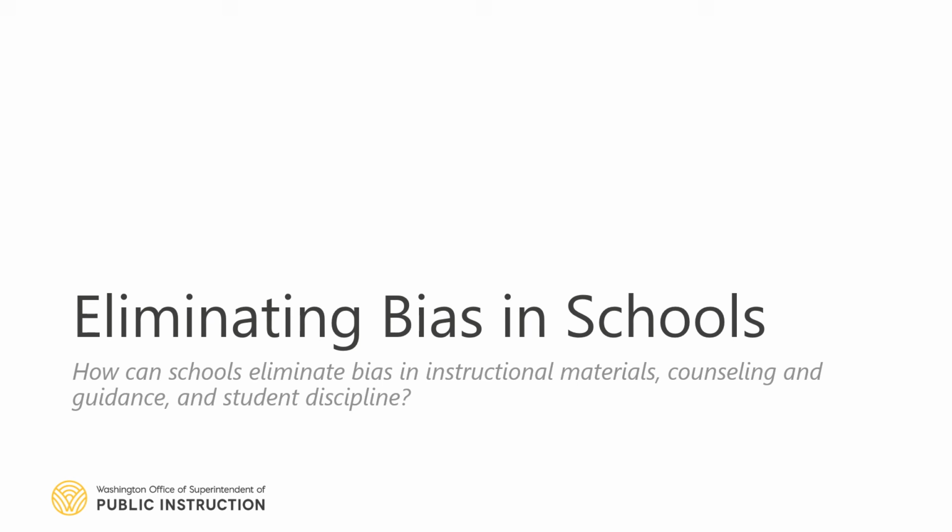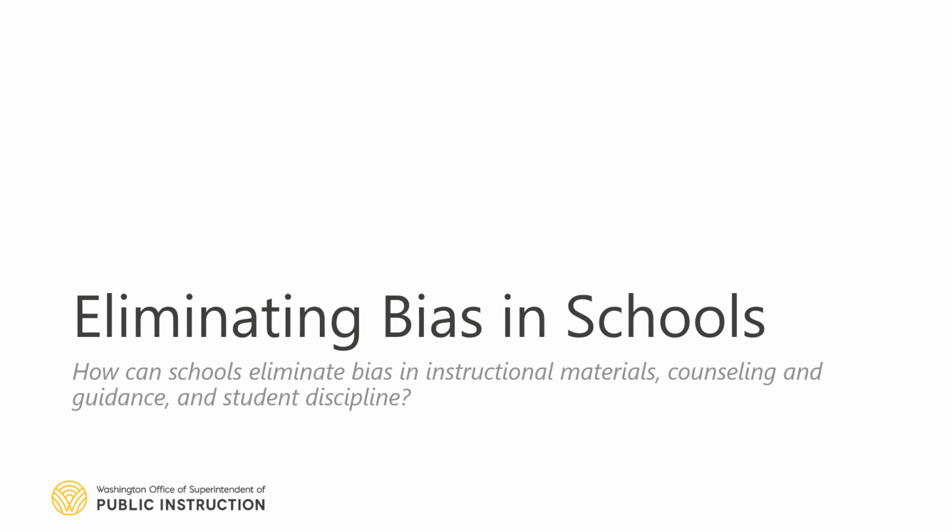The third section in this training module is on eliminating bias in schools. What is bias and why is it important to eliminate it? Bias is commonly understood as prejudice or a strong feeling in favor of or against one thing, person, or group when compared to another, usually in a way considered to be unfair.